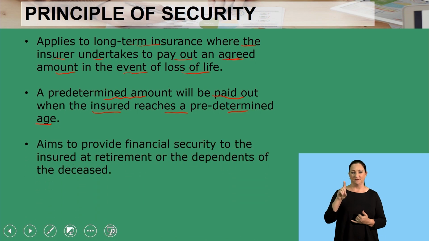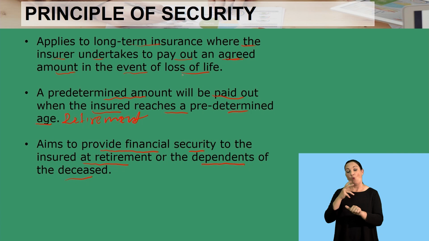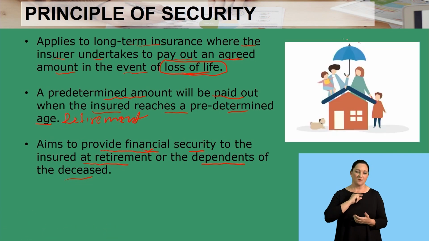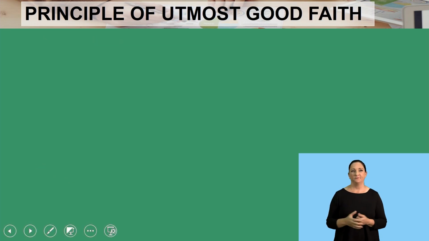And as we proceed, the aim is to provide financial security to the insured at retirement or the dependents of the deceased. So these are two situations, which is retirement one and loss of life here. So hence we talk about the principle of security. It provides security financially for future expenses. Hence now we're talking about retirement or loss of life of any partner that may occur.